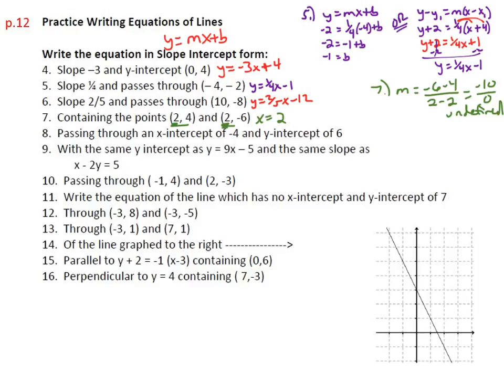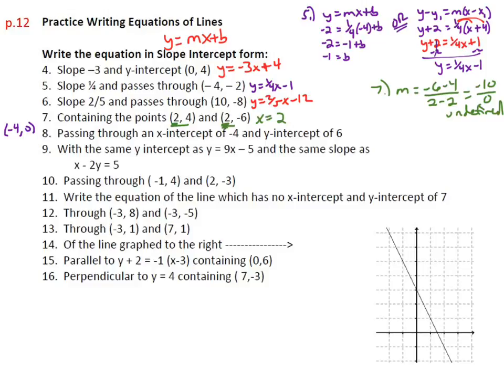Looking at number 8, we're passing through an x-intercept of -4 and a y-intercept of 6. You might not think right away that it's giving you enough information, but it is. Keep in mind that the x-intercept and the y-intercept are each ordered pairs that tell us what's going on. So if our x-intercept is at -4, that means we have the point -4, 0.